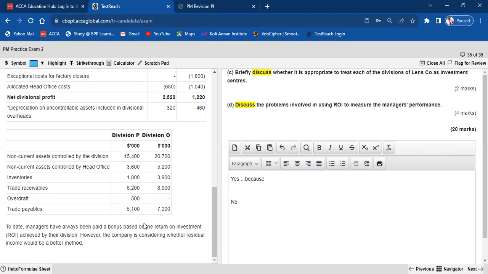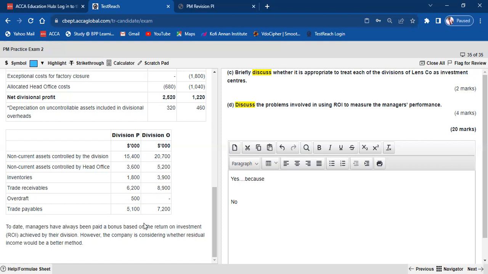Right. ROI, just thinking about this last problem, dysfunctional decision-making.